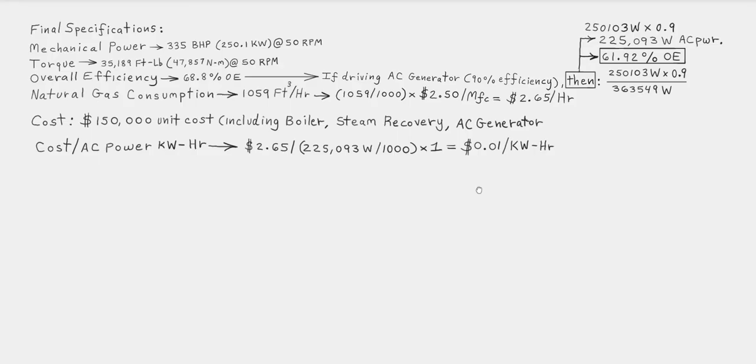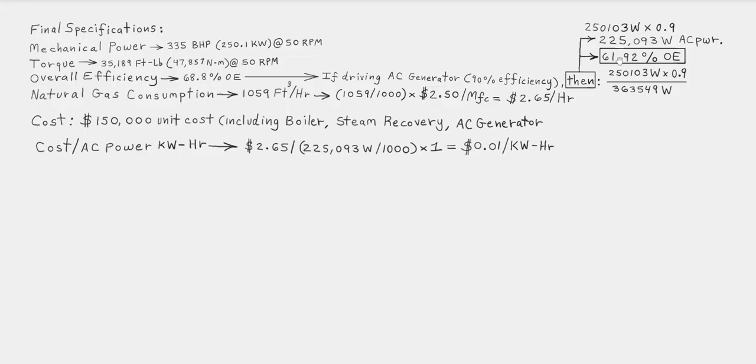So at its optimized state, it could reach about 70% efficiency without the generator. So we have to go to that next part, the overall efficiency without the generator, 68.8. But if we're driving an AC generator at 90% efficiency, we get about 61, almost 62%. So we could say safely that we're not drawing all 225 watts at the same time.